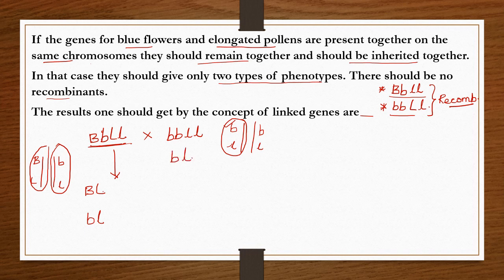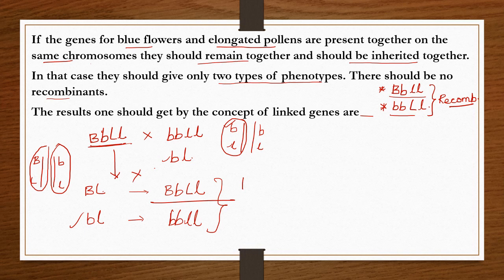So when these fuse together, the cross between these two results in capital B, small b, capital L, small l. When the cross occurs between the other two, it gives small b, small b, small l, small l. So two kinds of individuals are formed.